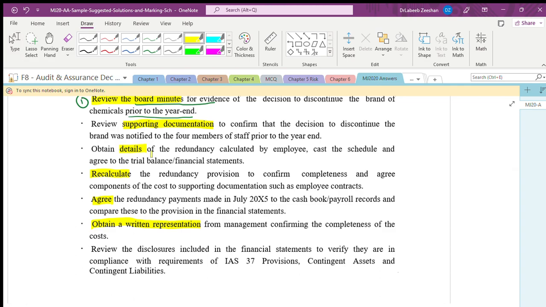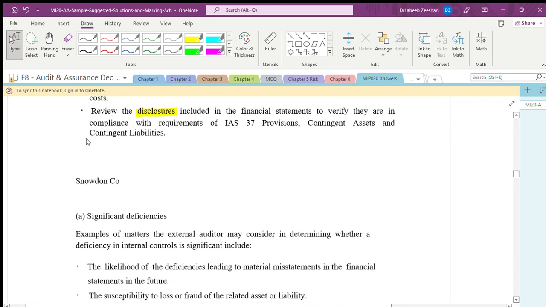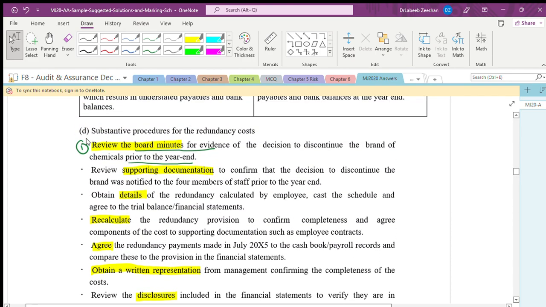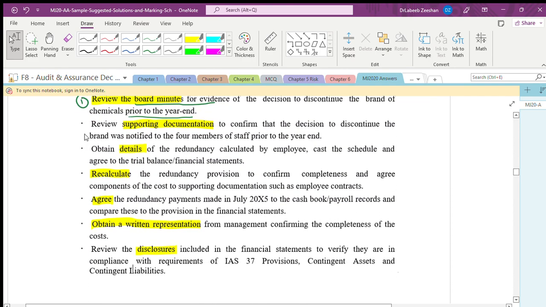And in the end, we are talking in terms of what? In terms of presentation and disclosure. Very simple. Now you will understand. Substantive procedures mean sequence by sequence. First review, get supporting documentation, get the details.